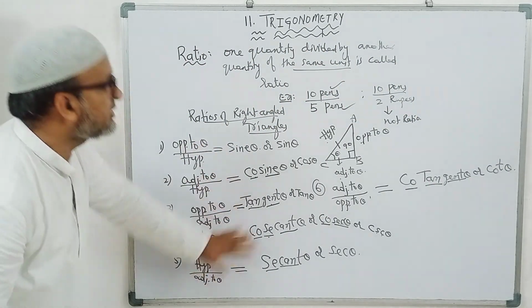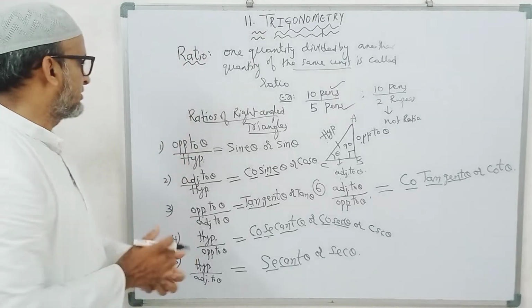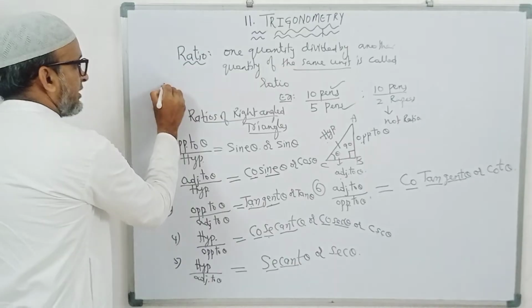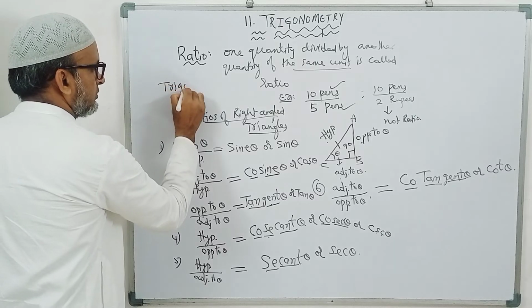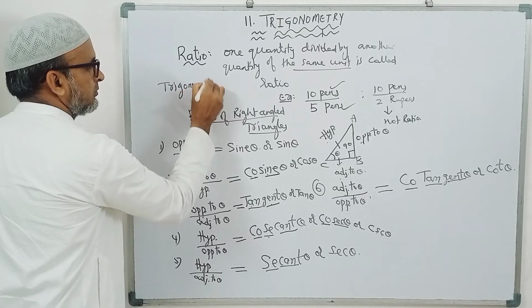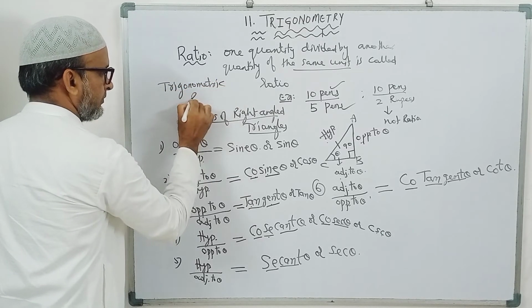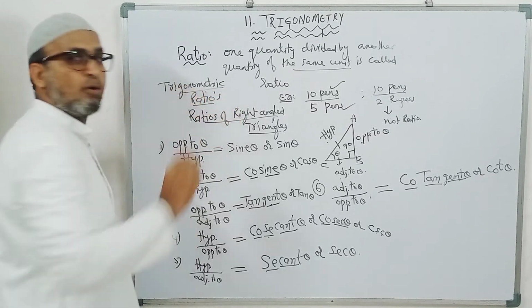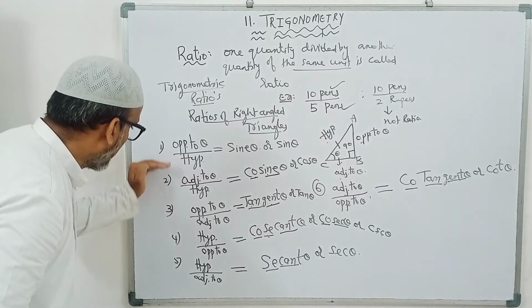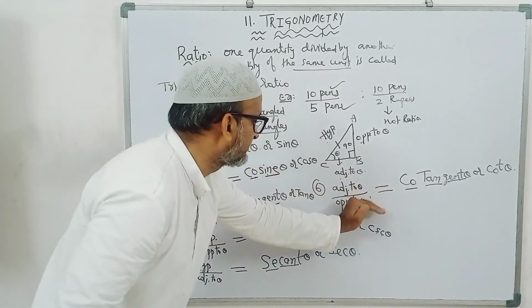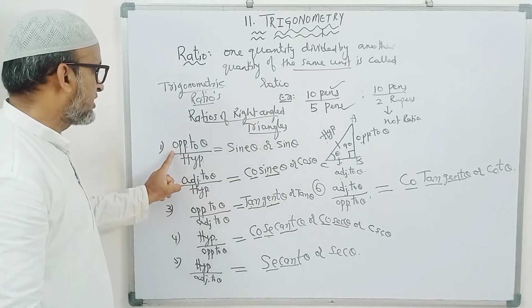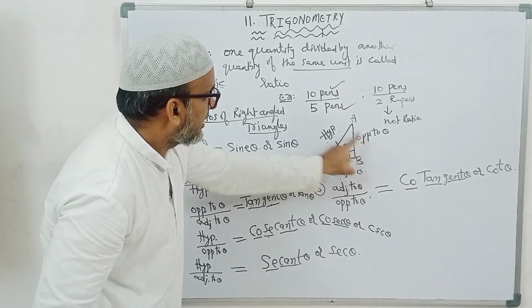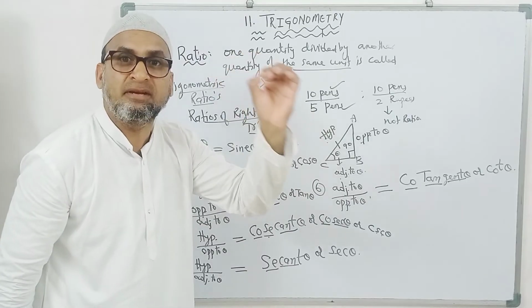These are called 6 trigonometrical ratios. Ratios of a right angle triangle, or trigonometrical ratios. How many ratios? 6. 1, 2, 3, 4, 5, 6. First ratio, opposite by hypotenuse, sin theta.